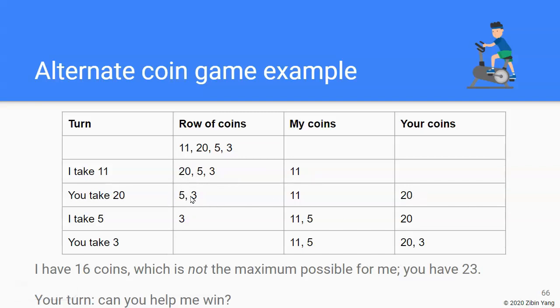And then for me now, between 5 and 3, I'm going to take 5, with 3 left. And then you, being the last one, are going to take the remaining 3. Okay, so if we look at the total, my total is 16, but your total is 23. So as it turns out, the strategy of always going for the biggest coin is not the optimal strategy.